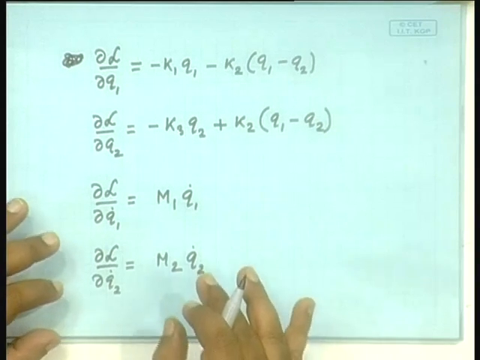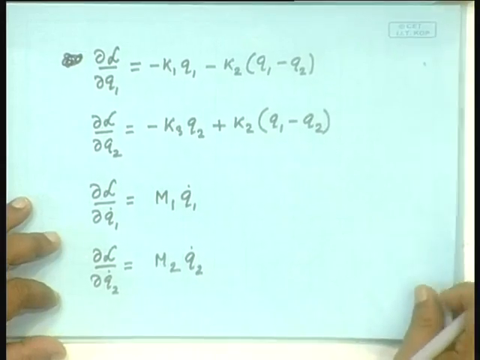The moment you have written down this, remember there would be two differential equations coming out of the Lagrangian formalism, one along q1, another along q2.